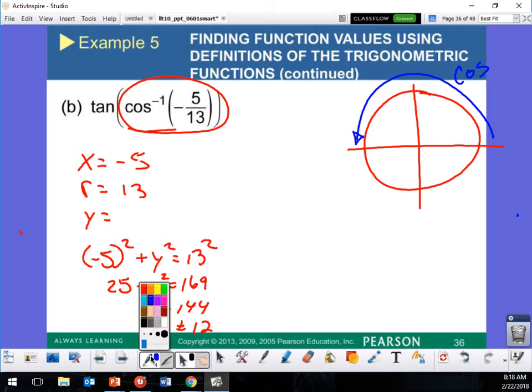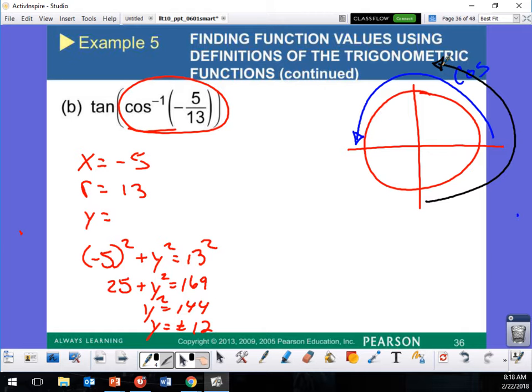And then my tangent goes from -pi over 2 to pi over 2. So they only overlap in Quadrant 1. But for cosine to be negative, it's got to be here.